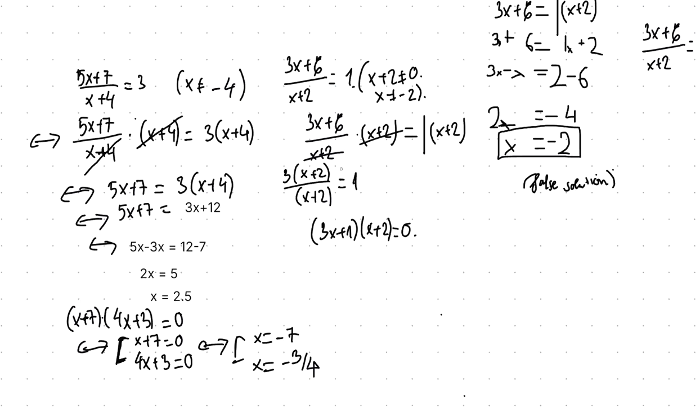So it is the equivalent transformation, right? The numerator and denominator both have the same term, x plus 2, right? So you can cancel out x plus 2.